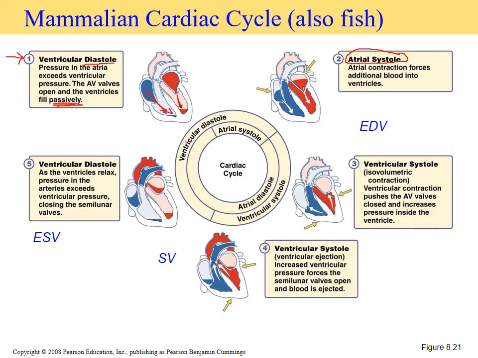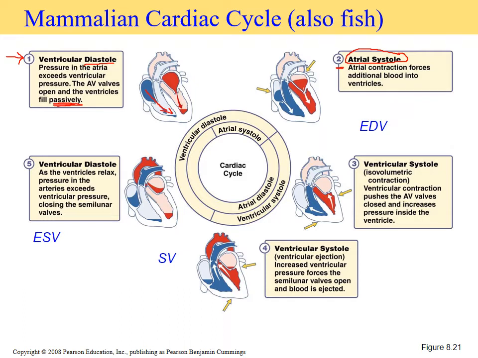When it contracts, it still has a higher pressure than the ventricle, and it will use this contraction to squeeze out any additional blood that it might have. So you can see right here in step number 2, this will be the end part of the ventricle receiving blood. The atrium will first do it passively in step number 1, and then secondly, it will contract, allowing additional blood to flow into the ventricle.